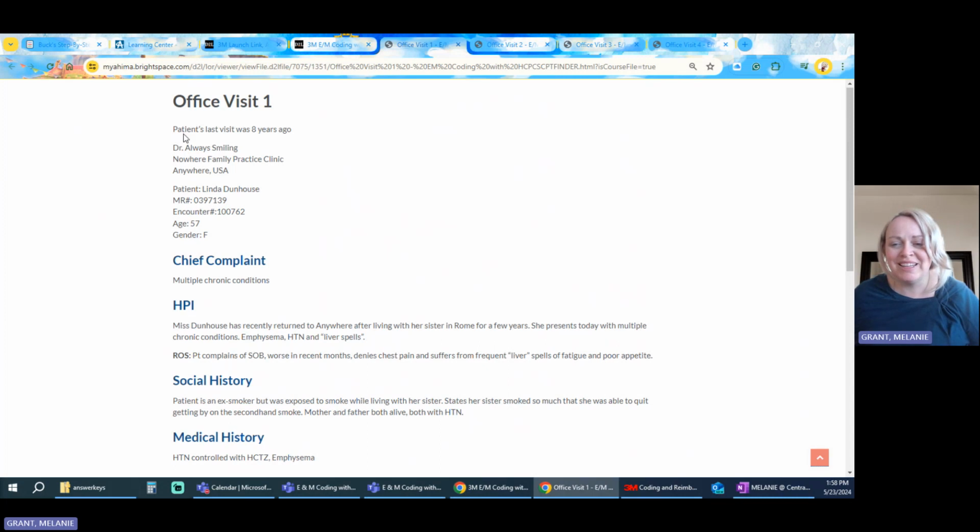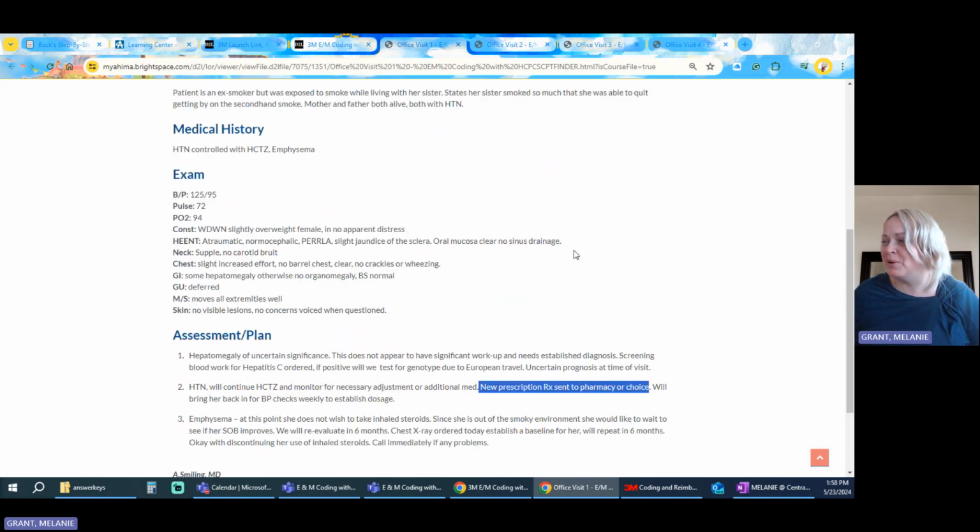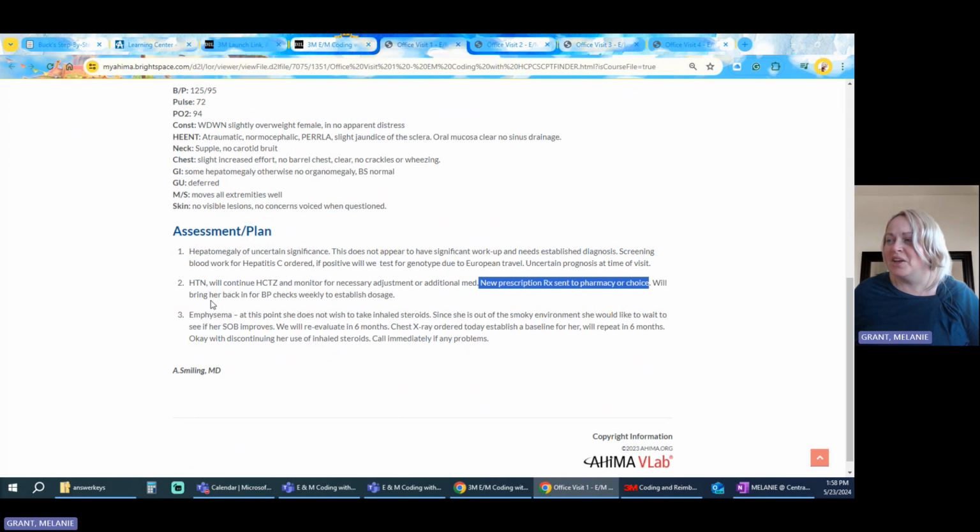In fact, this patient is, so we'll talk about new in just a moment. This is a new prescription because the doctor is newly prescribing it for this patient, and they're putting that in there to support their medical necessity. They're planning to bring her back and make sure that the medication is where it should be.